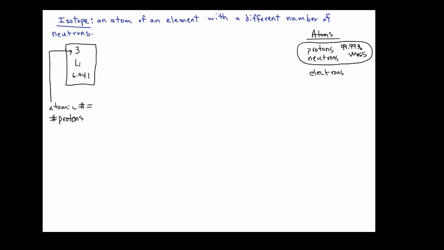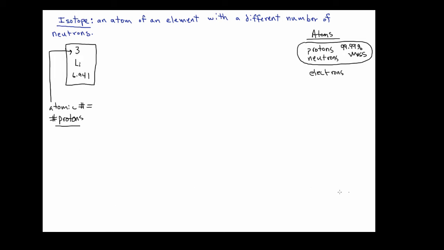Why is this important? Because a particular element or a particular atom has a designated number of protons in it. So the only element in the periodic table with 3 protons is lithium. And if you're dealing with anything that has a different number other than 3, then it can't be lithium. So lithium is the only element on the periodic table that's going to have 3 protons.